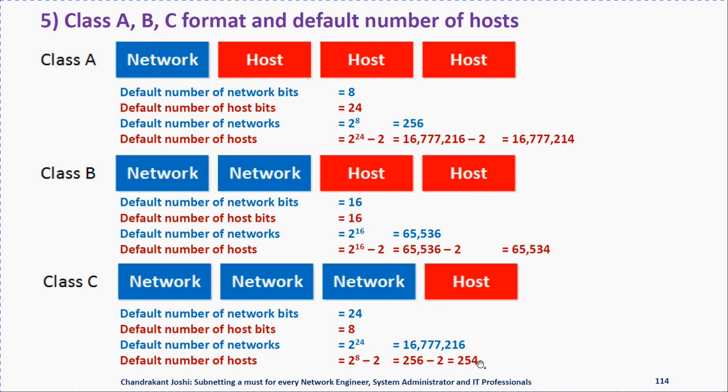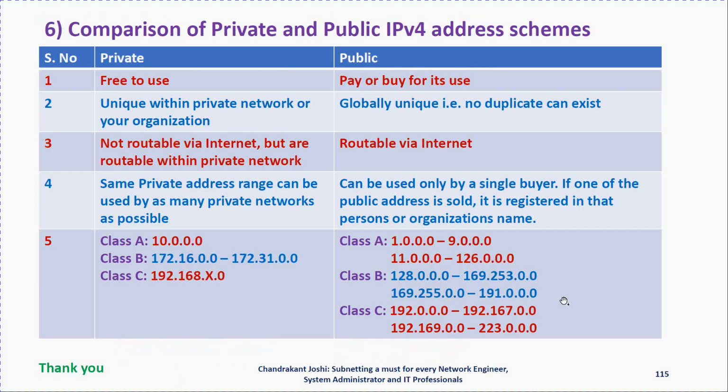So 8 bits for the network and 24 bits for the host in class A. In class B, 16 bits for the network and 16 bits for the hosts. Likewise in class C, 24 bits for the network portion and 8 bits for the host portion.